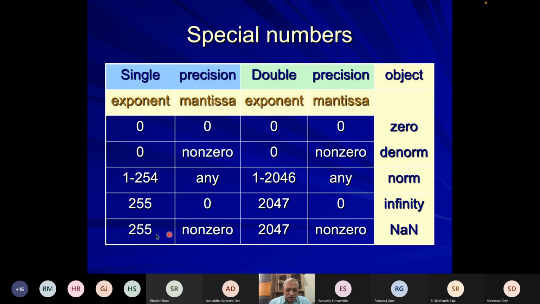An exponent of 255 with non-zero mantissa is like an error: something which is neither infinity, nor a normalized number, nor a denormalized number. This is called NaN, which stands for not a number. In a particular program, you may use it to represent something specific, but it's not part of the standard.